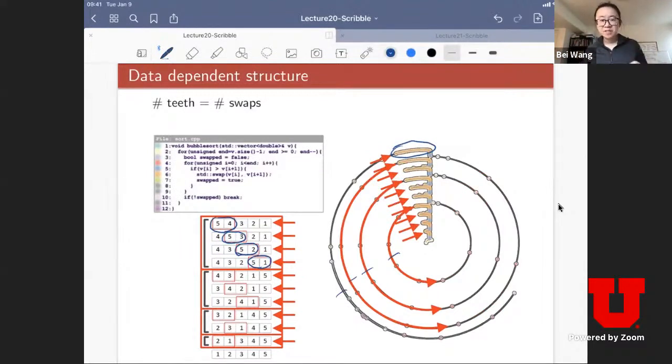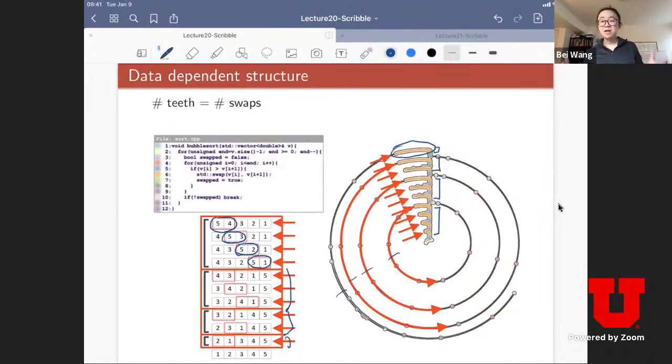So the number of teeth corresponds to how many swaps you are going to see. Remember you have to go from the center, because that's the beginning of time. You see that there are 4 teeth, which is 4 swaps. There are 3 teeth, which is a second range of 3 swaps. Then there are 2 teeth, which is 2 swaps, and then there's one tooth, which is one swap.